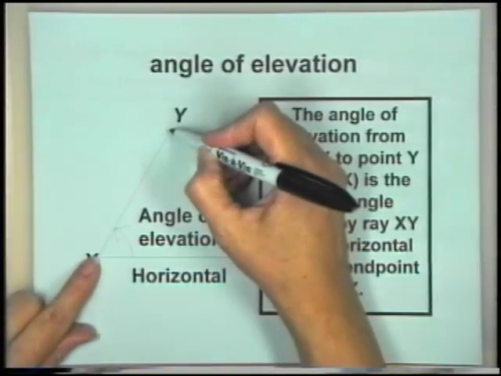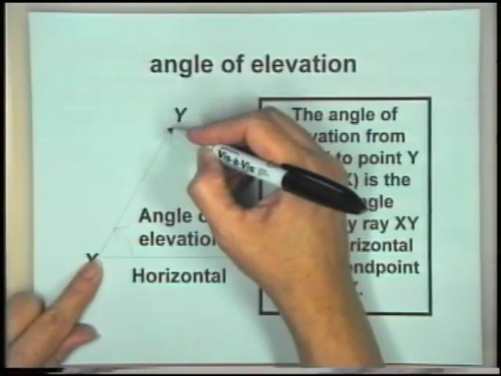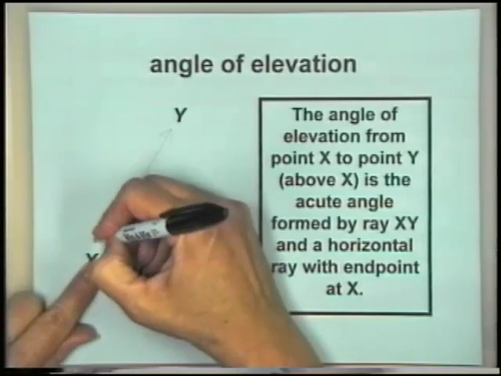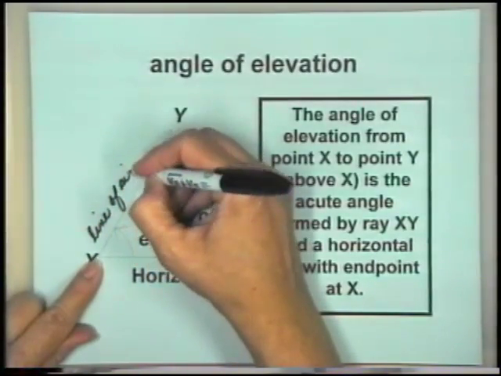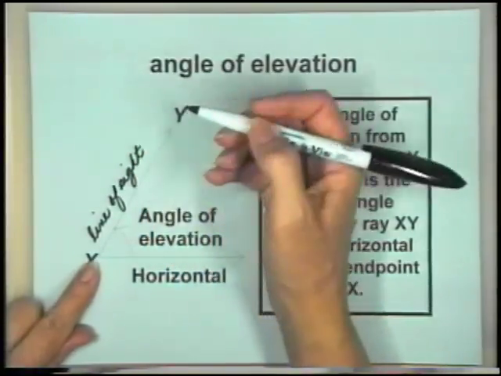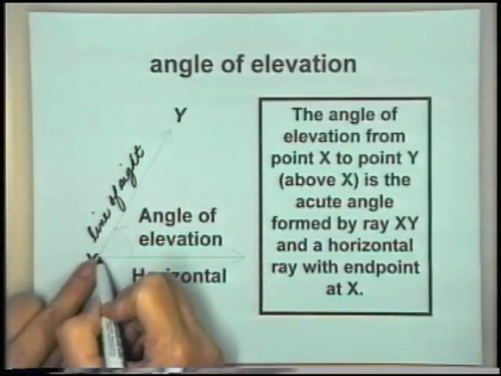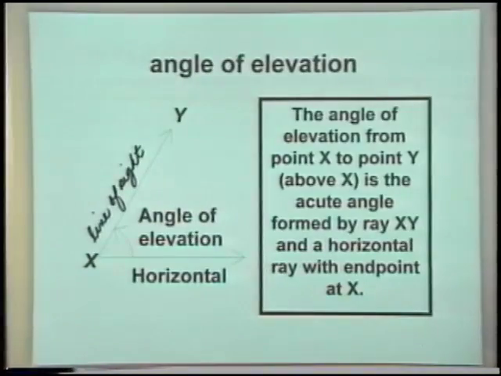Now sometimes we refer to this ray X, Y as the line of sight. But at any rate, it would be the line from point X to point Y. So let's look at a problem.